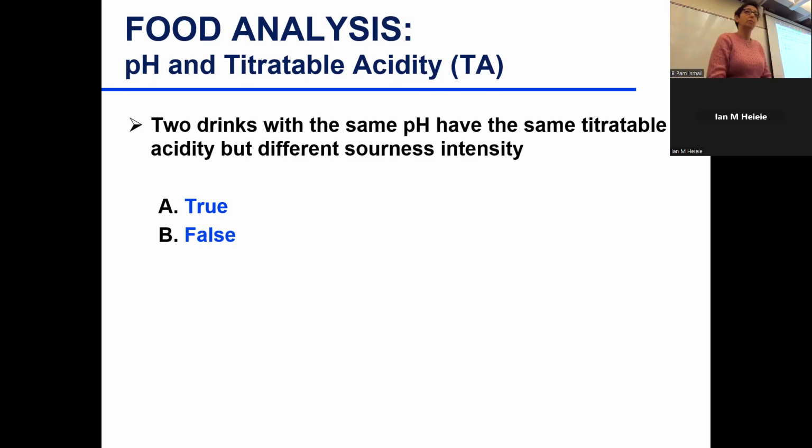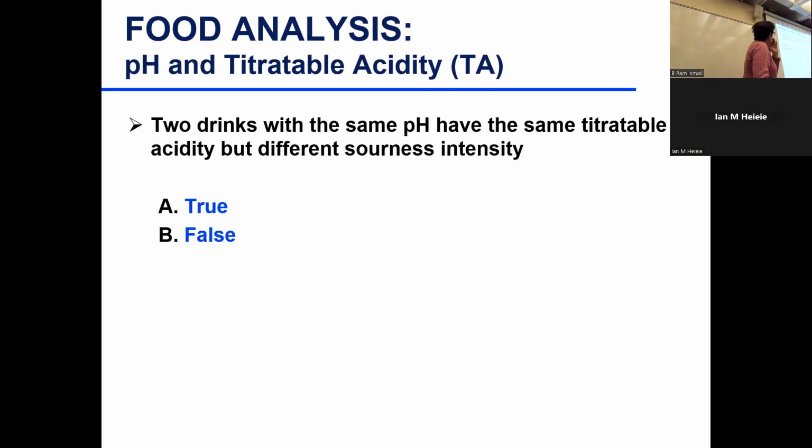I think it's true, because you have other components like sugar that can depress the sourness. If we don't have sugar, I would say true because you can have a different composition of organic acids.